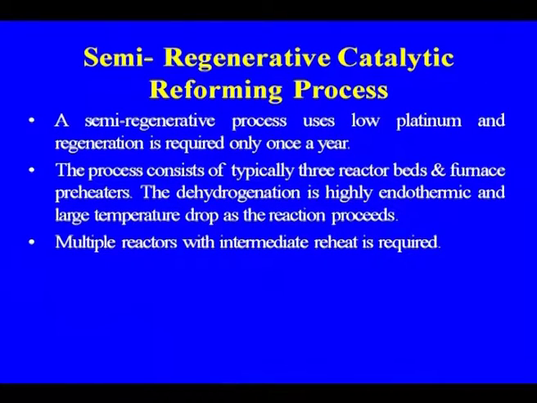Semi-regenerative process uses a low platinum catalyst and regeneration is required only once a year. The process typically consists of 3 reactor beds and furnace preheaters in each stage, because normally 3 reactors are running in series, and the product goes continuously from one reactor to the second to the third, and in between we have the interheaters.